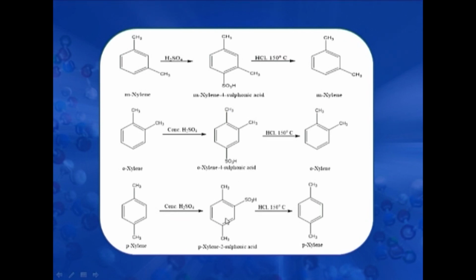Now this ortho sulfonic acid isomer and para sulfonic isomer are treated with hot dilute HCl at about 150 degrees. So desulfonation occurs.